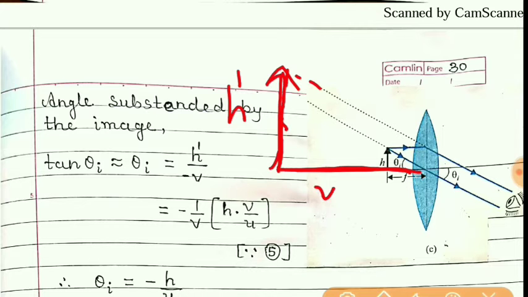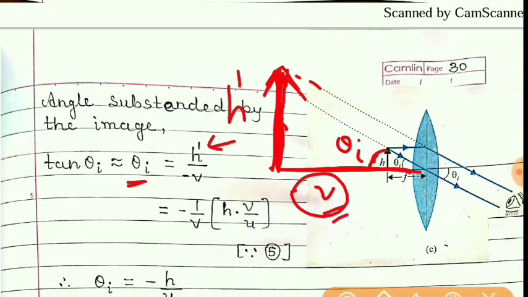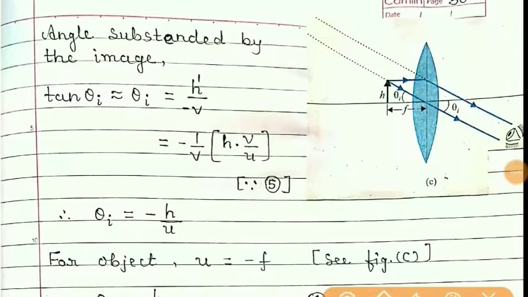So here this angle formed is theta I, you can see in the figure. So theta I will be h dash upon v. According to sign convention, this h dash, as it is vertical along the positive y direction, is positive, but the image is towards the negative x direction, that is towards the left side, so we have kept minus v. So always remember this sign convention. And so theta I is equal to h dash upon minus v.